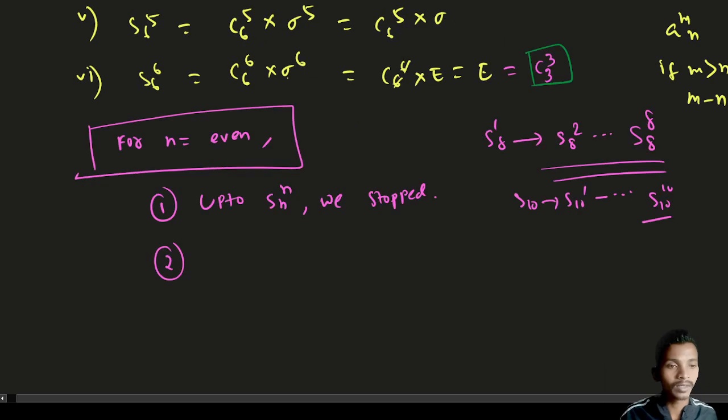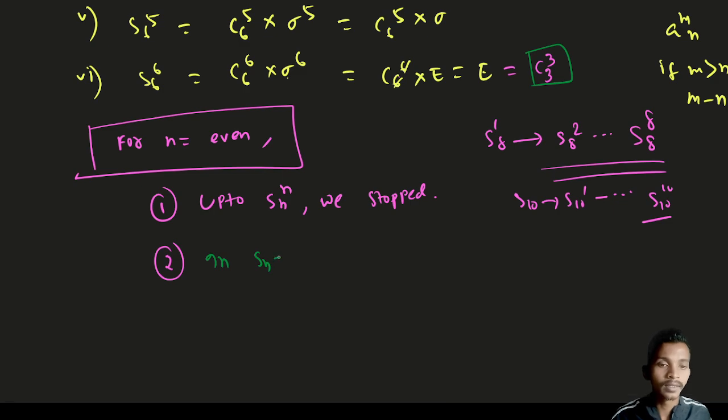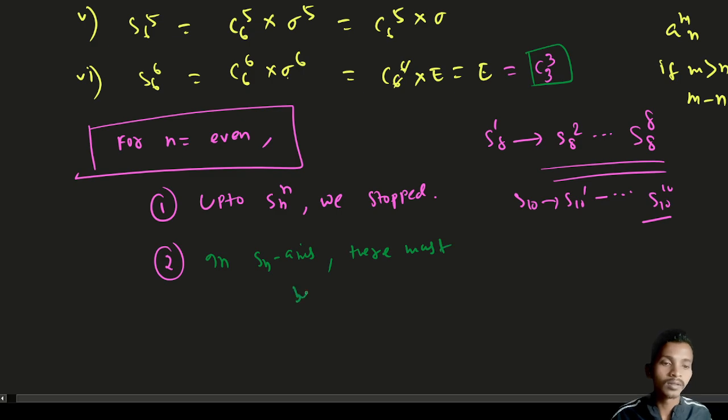It means what we observe is that in an Sn axis there must be a Cn by 2 axis present.